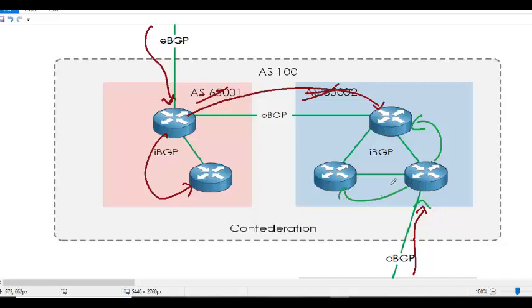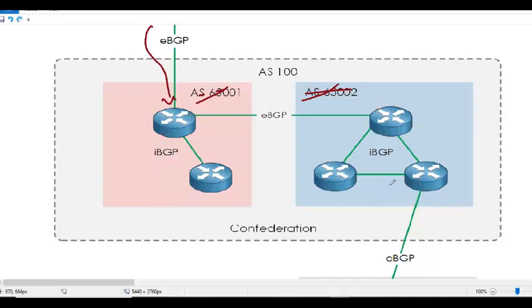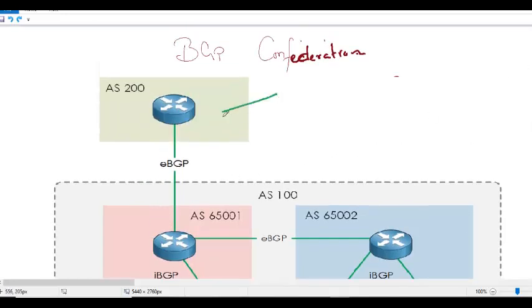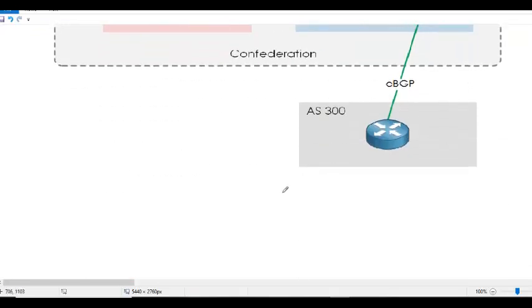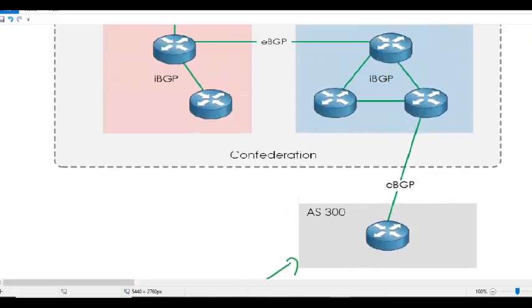As a result, what happens? The purpose is not met. The transit autonomous system is not transiting. So no one from here can go to here. Why? The routes are not distributed to them.